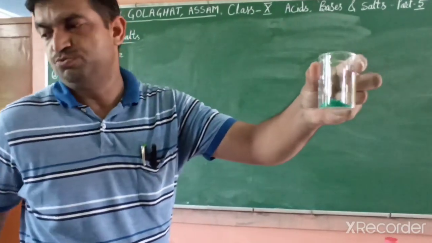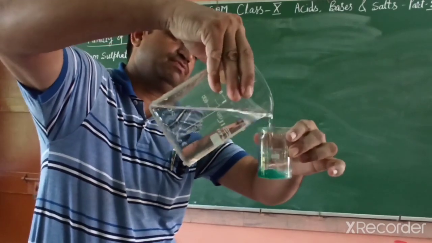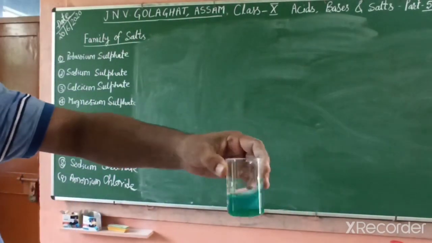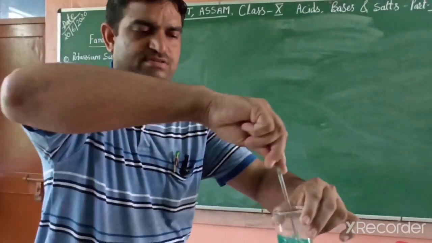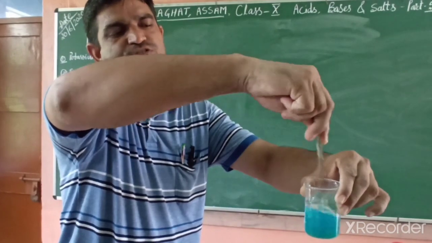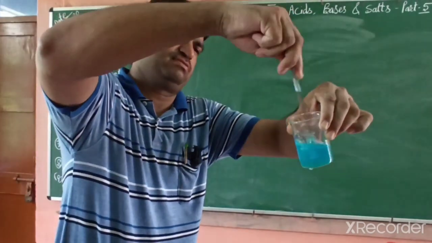Copper chloride, cupric chloride, copper second chloride. When we dissolve in water, it changes into green color, light green color, bluish green. This cupric chloride is bluish green color.